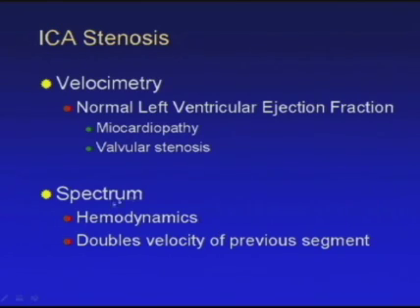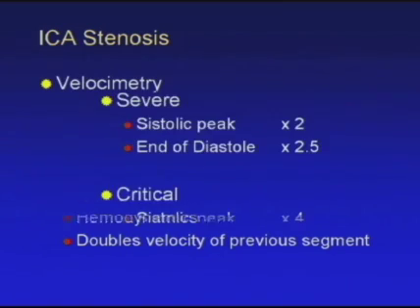And in this case, we must observe the spectrum, and we can compare the hemodynamics of the vessel itself. So it's necessary to make the measurements in the previous segments and observe the velocity then in the area of the stenosis.